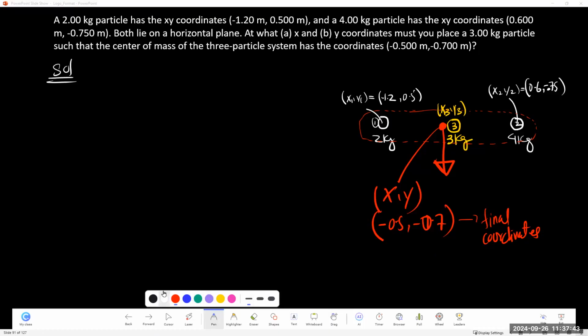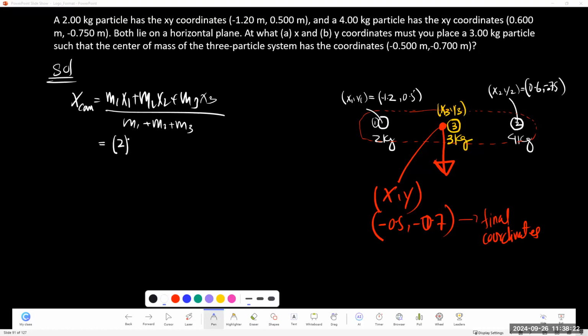I will solve this with the formula I showed you earlier. The x component equals m1 x1 plus m2 x2 plus m3 x3, divided by m1 plus m2 plus m3. Here I'm going to substitute the values. m1 is 2, given.